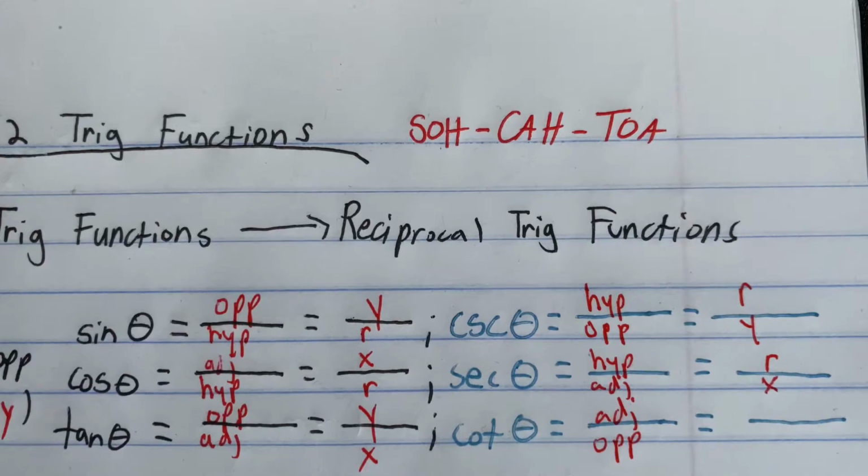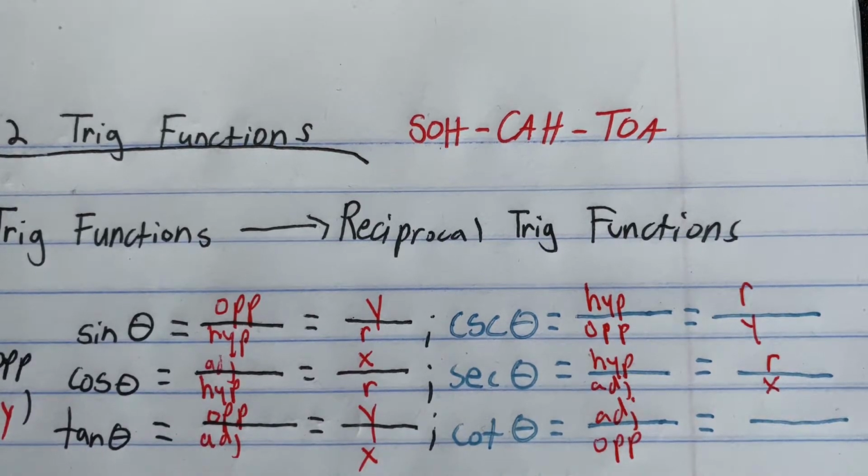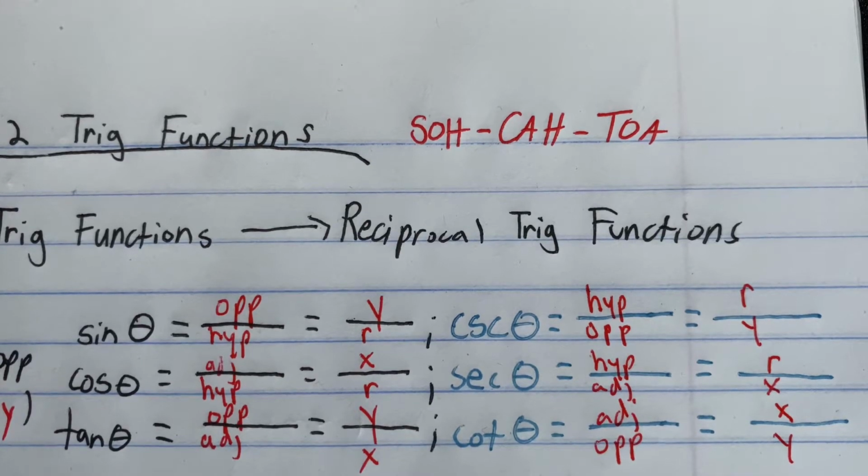As I said, it is the reciprocal of its counterpart, and it'll be X over Y. If you need to write this down, please pause the video now as I am going to move forward.